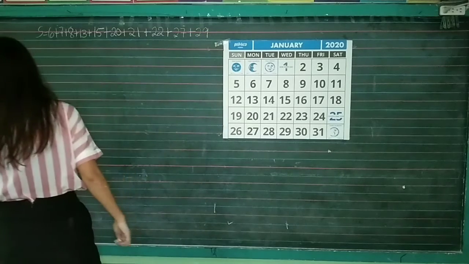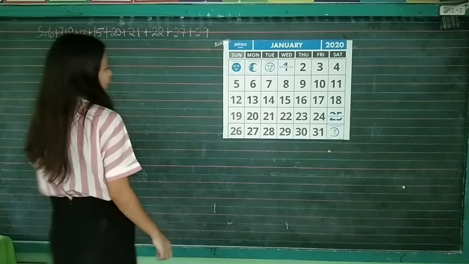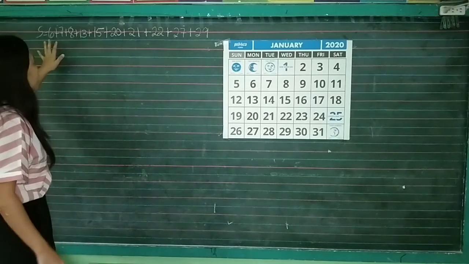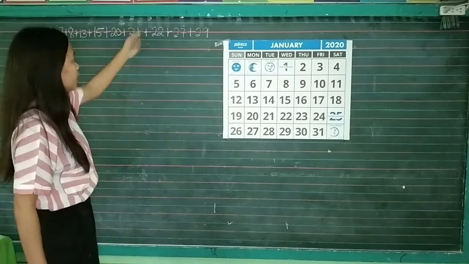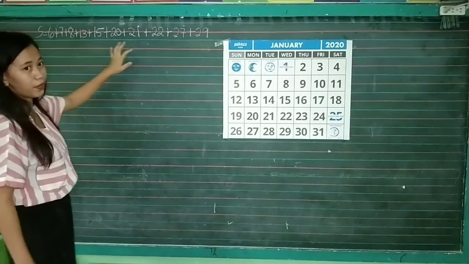To get the sum of the A shape, we simply add these numbers.